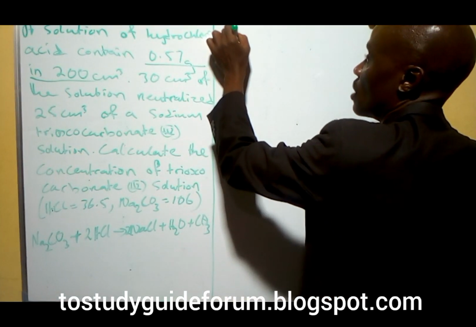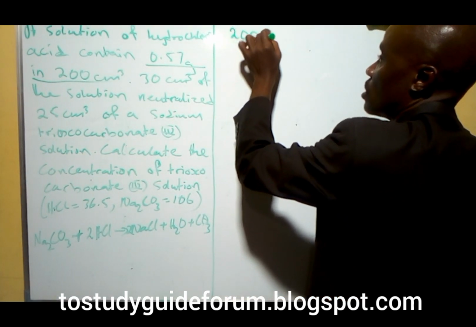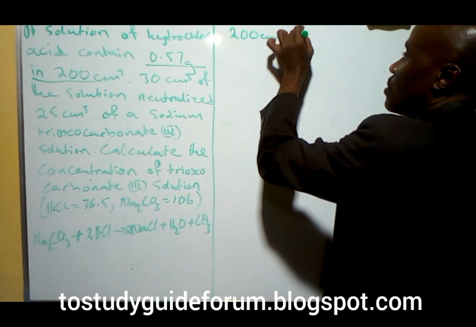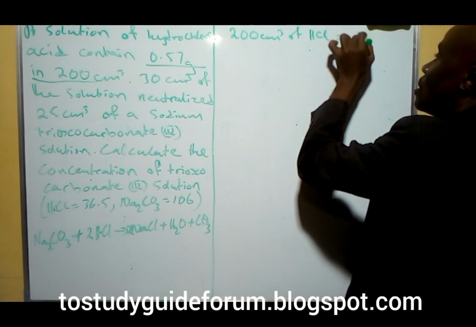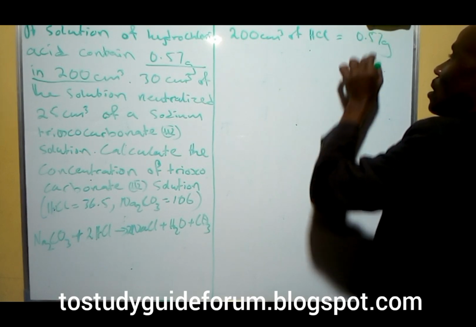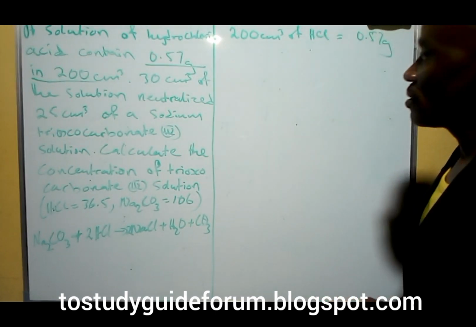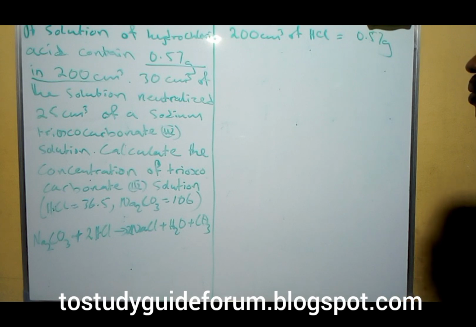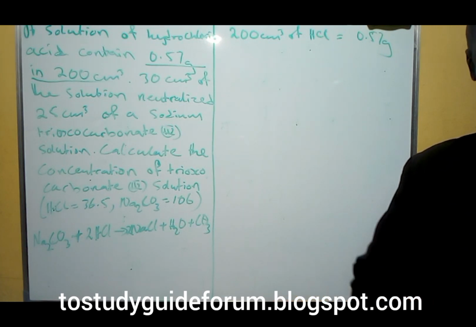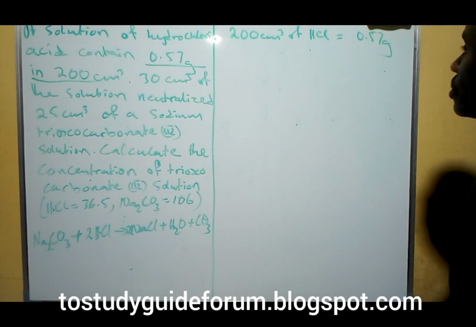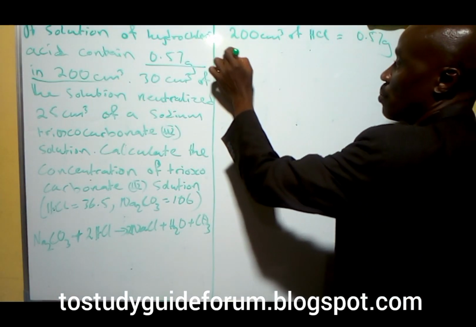Watch what I'm going to do. We know from the question that 200 cm cube of the hydrochloric acid contains 0.57 grams. Now we need to find out what it contains in dm cube or in liter.